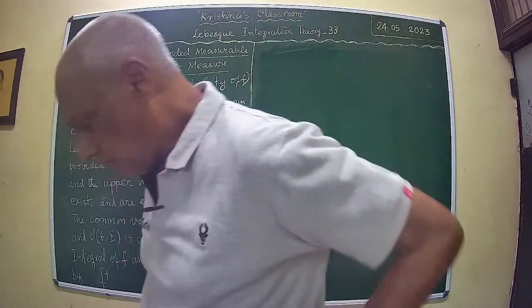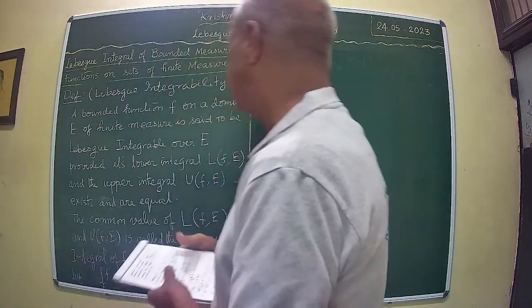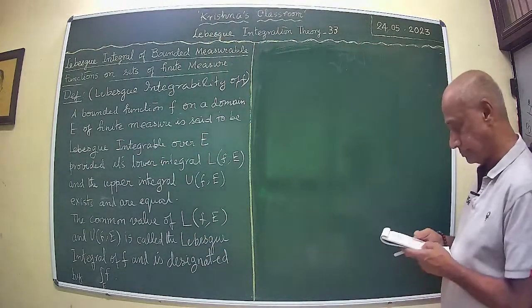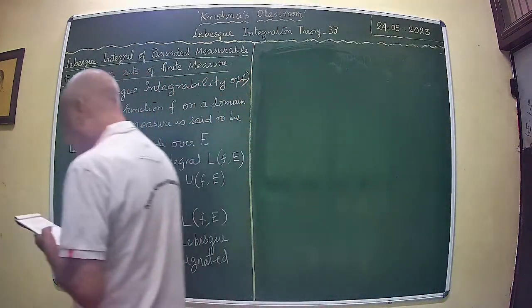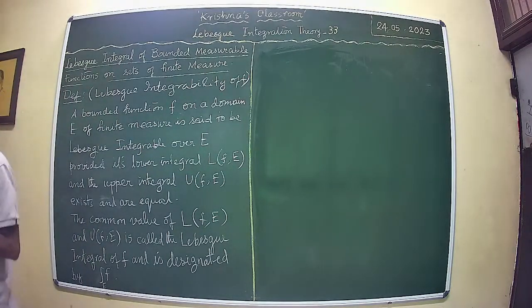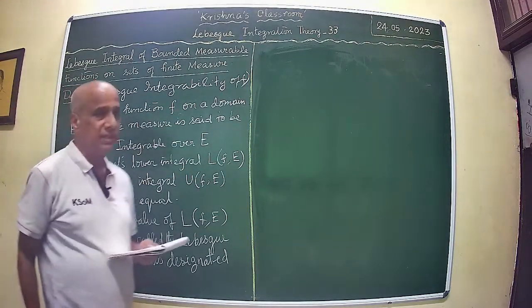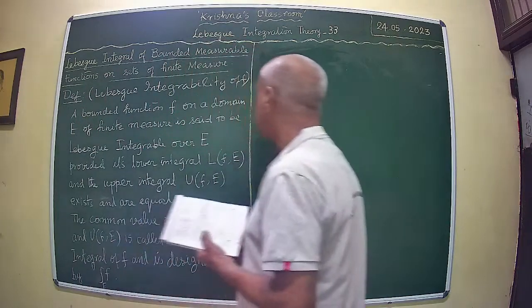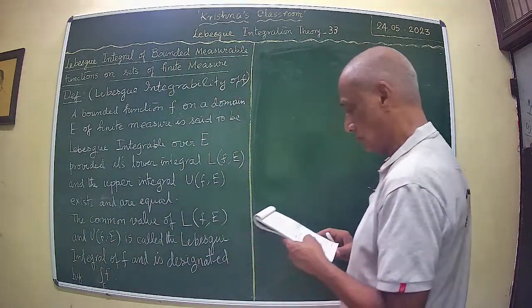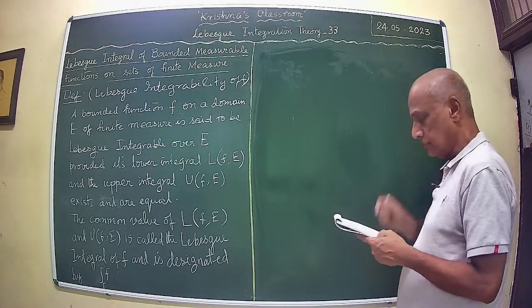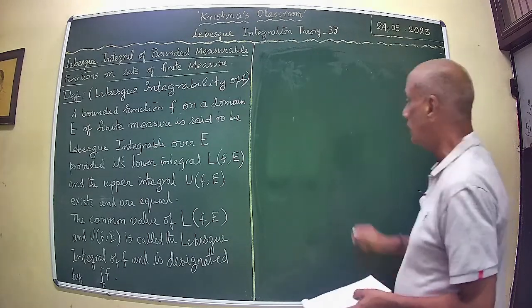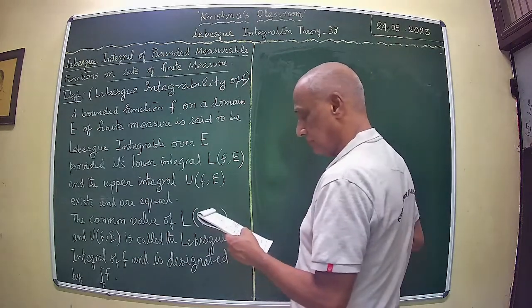Now, what we prove is this, that if f is a bounded function defined on a closed bounded interval [a,b] and f is Riemann integrable over [a,b], then f is Lebesgue integrable over [a,b].